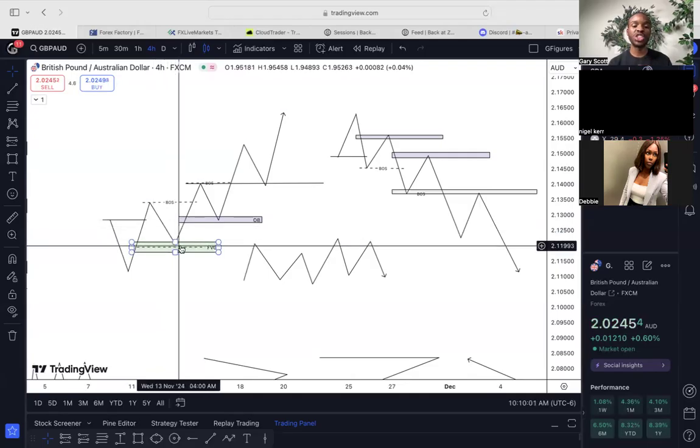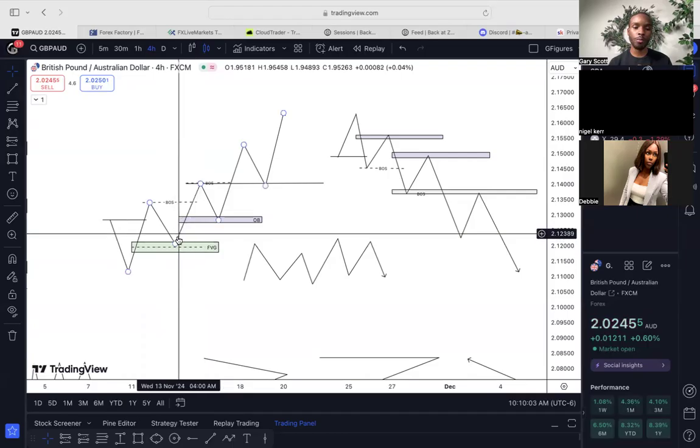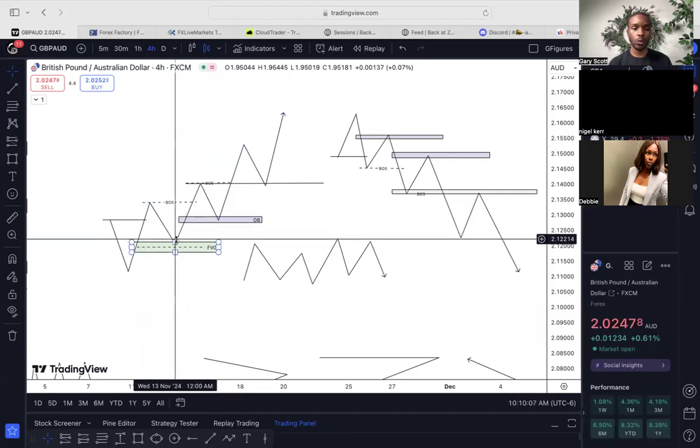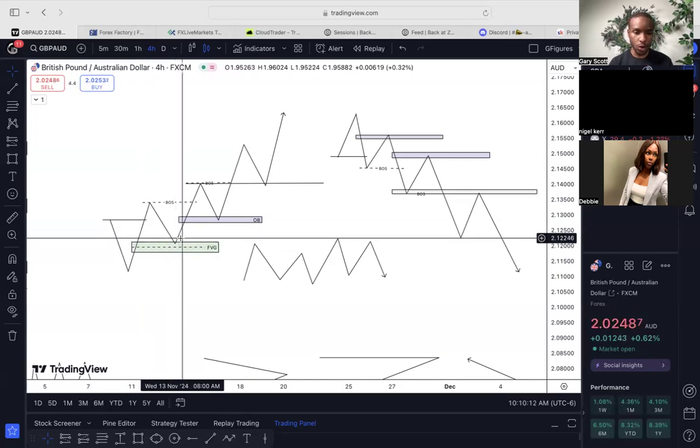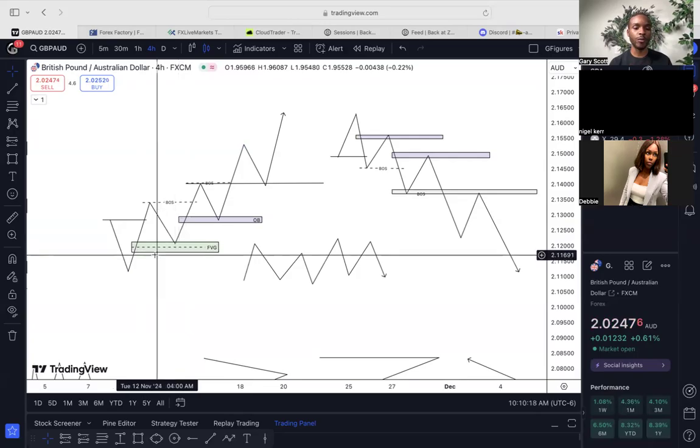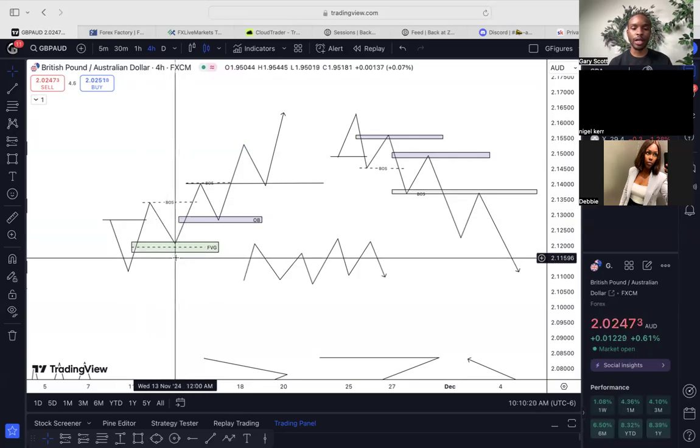We want to see a strong bullish candle close above this fair value gap level. The moment that you see that is the moment that you can take your entry, and then you will place your SL below your fair value gap level.